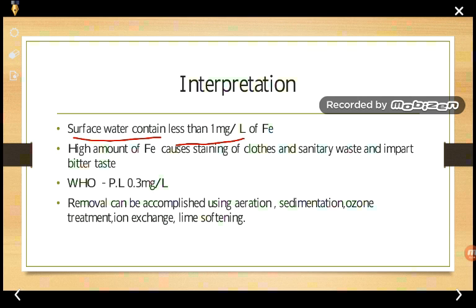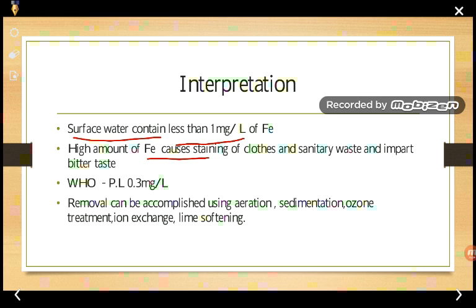And a high amount of ion causes staining. If there is more ion in the water, it causes stains or spots on clothes, or they will not be fully white, and it gives a different odor or a bitter taste to the food.